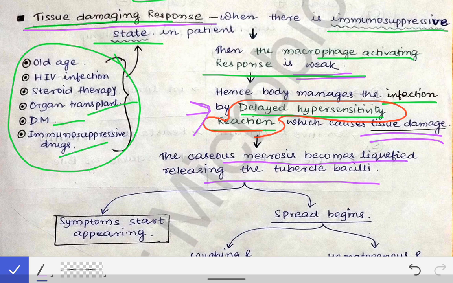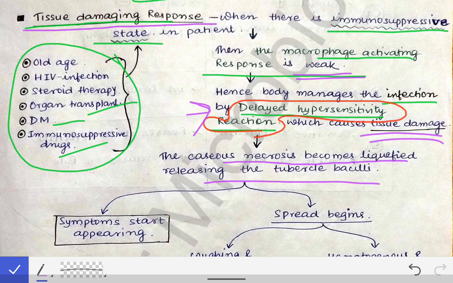We have learned earlier that when the immunity was good, then there was formation of hard tubercle and soft tubercle, and in the soft tubercles the bacilli were in a dormant, latent state. Now when this immunity has fallen down, the response of macrophages has diminished, and the body is now responding with the delayed hypersensitivity reaction, which has started causing tissue damage.